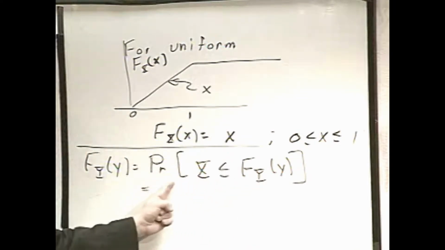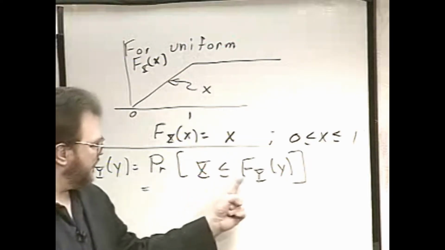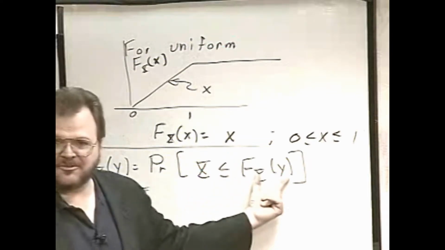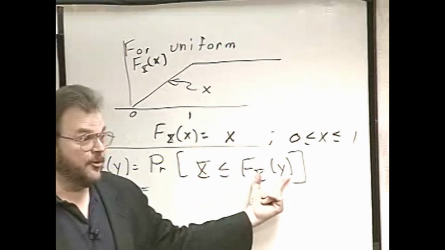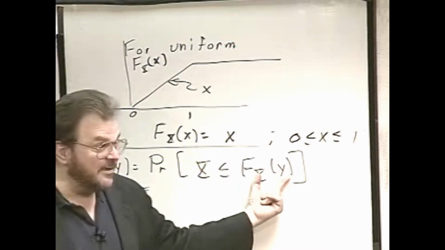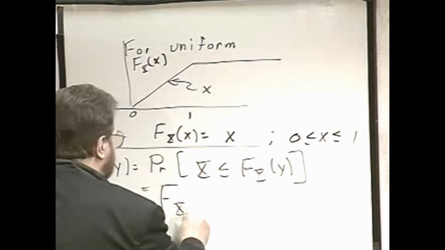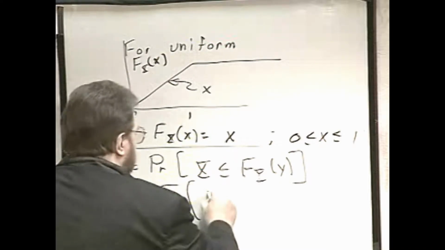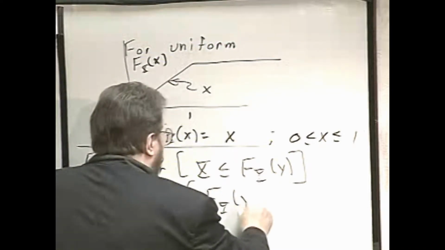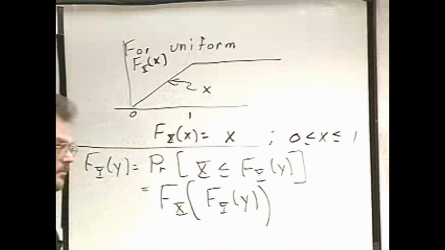Remember, I said anytime you had the probability a random variable is less than or equal to whatever, a smiley face, that was the distribution as a function of the smiley face. Remember that? So here we have nothing more than the distribution function of x, except that the argument is f sub y of y. You with me?